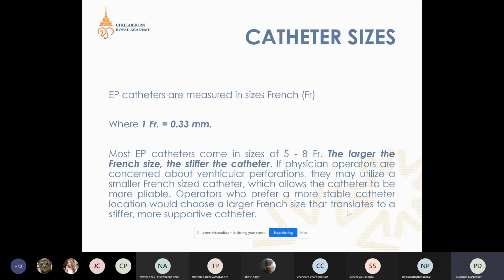The diagnostic catheter is often used in 5 to 6 French. The 5 and 6 French diagnostic catheters are often used in real cases. When it comes to 7, 7.5, or 8 French, they are often used as ablation catheters.